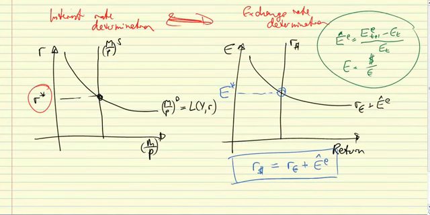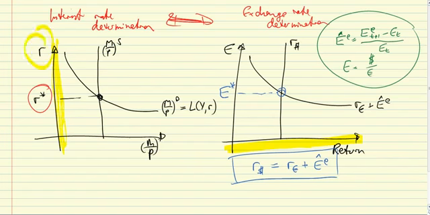Now we want to put these two together. How do we do that? Well, it's easy to see here that this axis and this axis are the same.